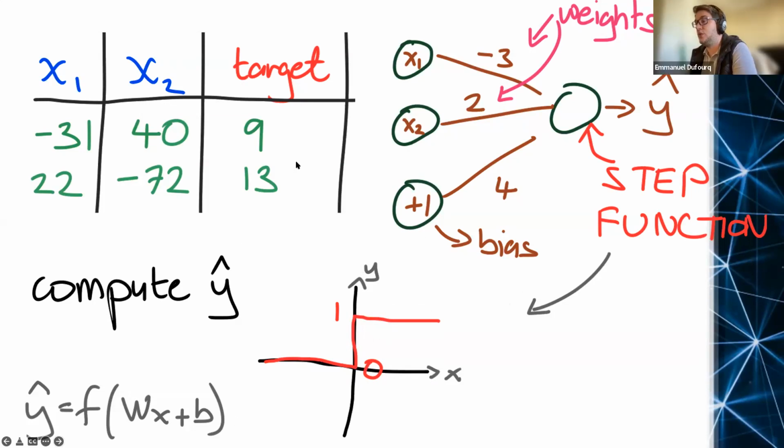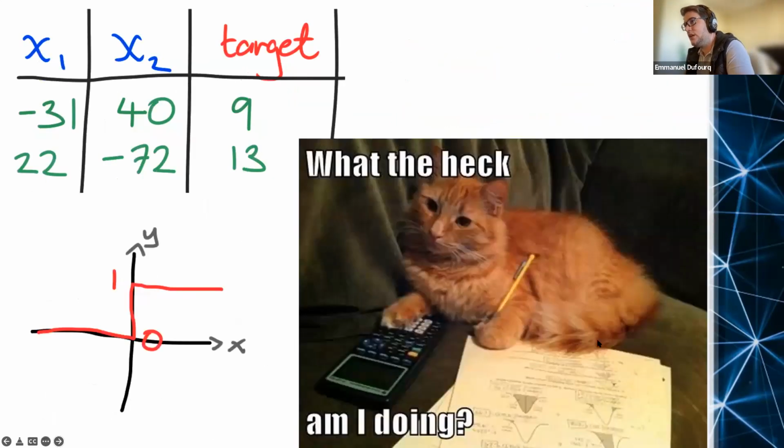Okay, so now, we've seen how we can input data into the perceptron, and then we've agreed that we do the calculation wx plus b, and then we take a function and we act on wx plus b. Now we have a problem. We have a problem because when I input the data into the perceptron and then I apply the step function, my output is going to be 0 or 1.